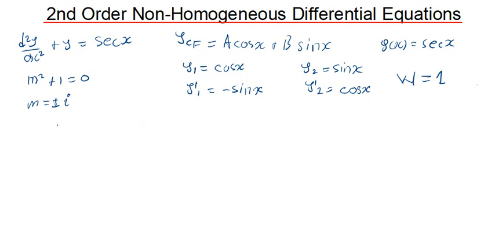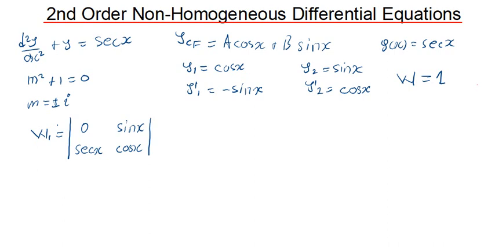Now let's find W1. W1 is going to be equal to, here you put 0, here put g of x, which is sec x. Then here put sine of x, which represents y2, then y prime of 2, which is cos x.